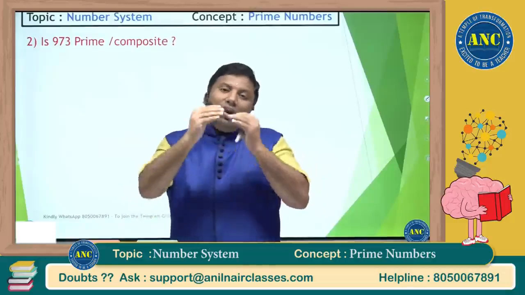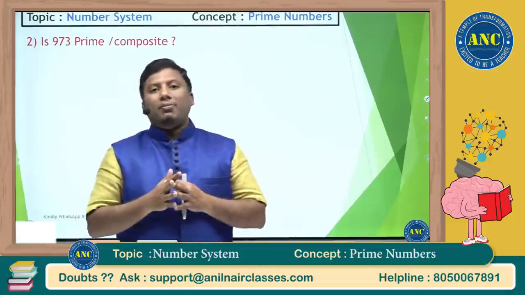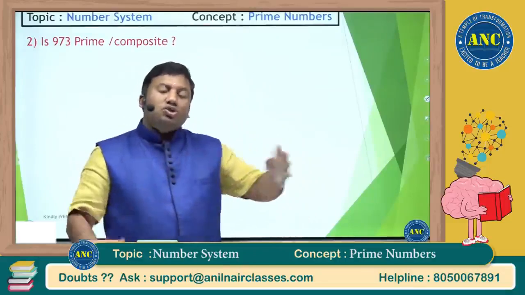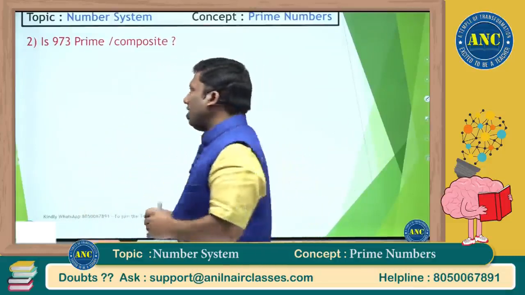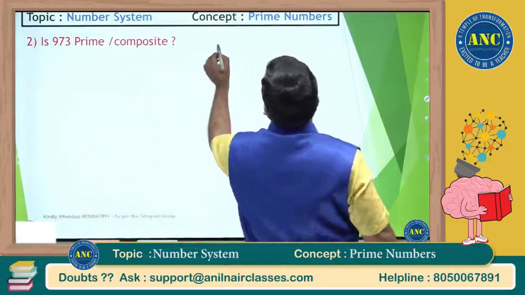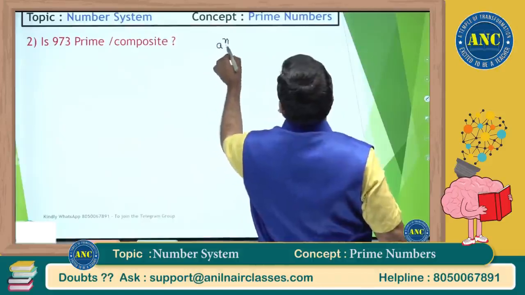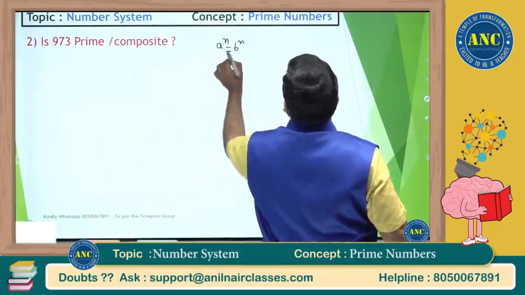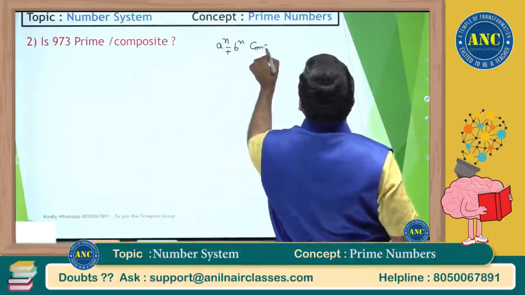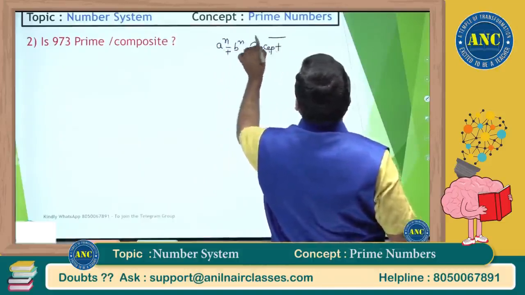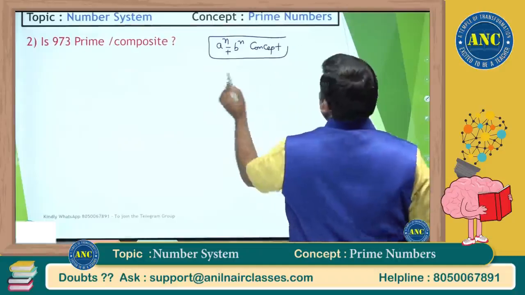I told you, for you to check whether a number is a prime number or composite number, there are rules. The next rule we use is based on the concept of a^n plus or minus b^n.